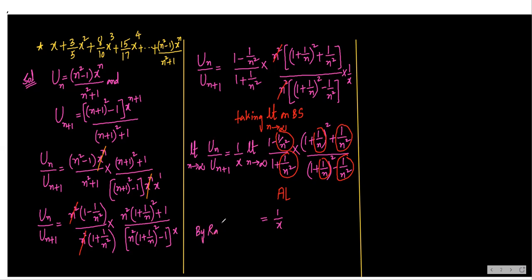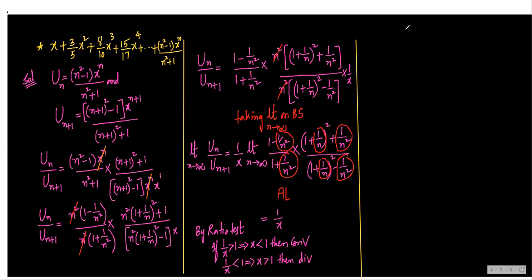Now write down the statement by ratio test. By ratio test, if 1 by x is greater than 1, which implies that x is less than 1, then the series converges. If 1 by x is less than 1, which implies that x is greater than 1, then it diverges.